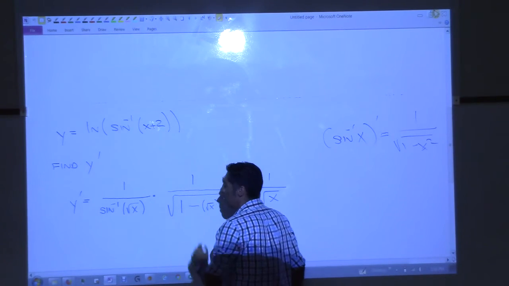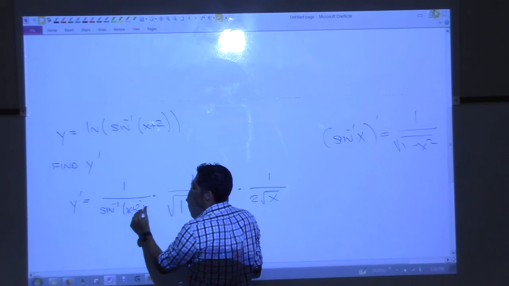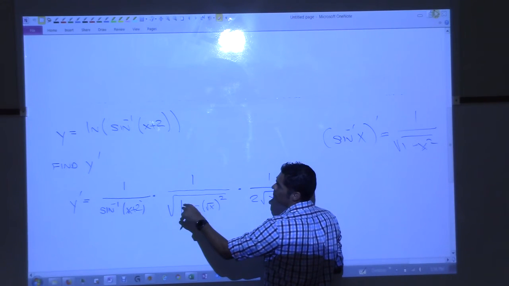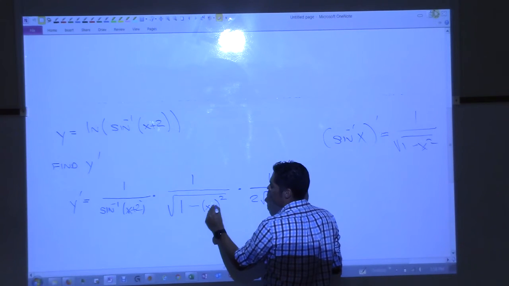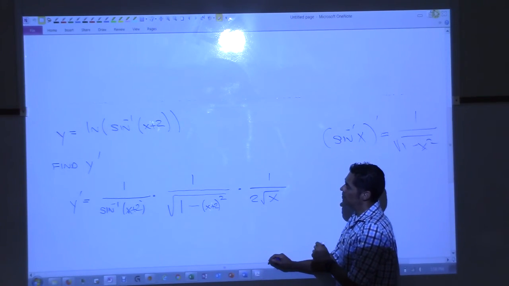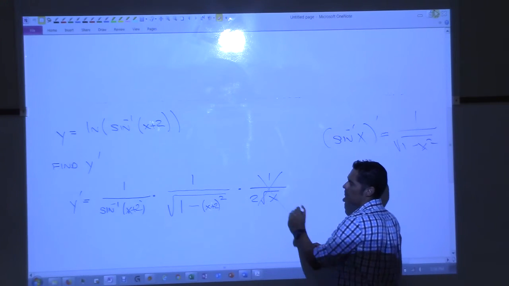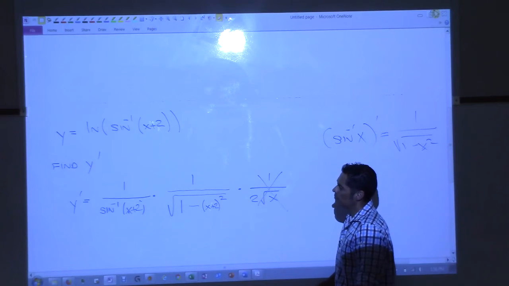Yes. Then this would be 1 over the square root of 1 minus x plus 2 squared, and then this wouldn't be here, because the derivative of x plus 2 would be 1. Okay. Thank you.